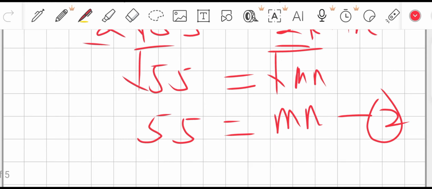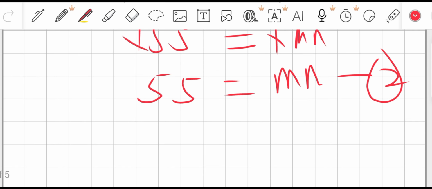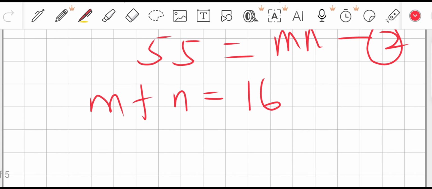Remember that our first equation, we had m plus n being equal to 16. Then we have mn being equal to 55.